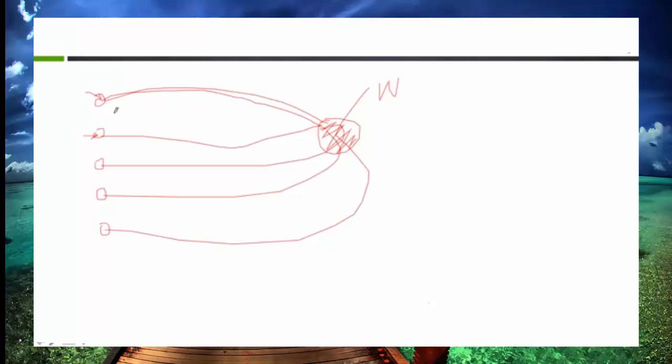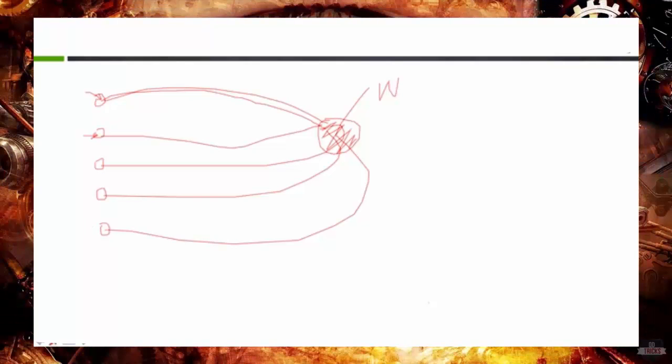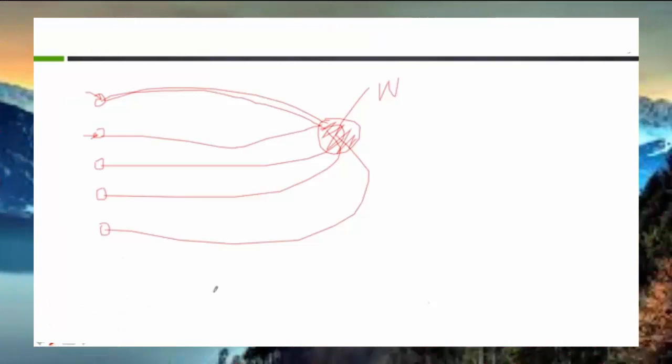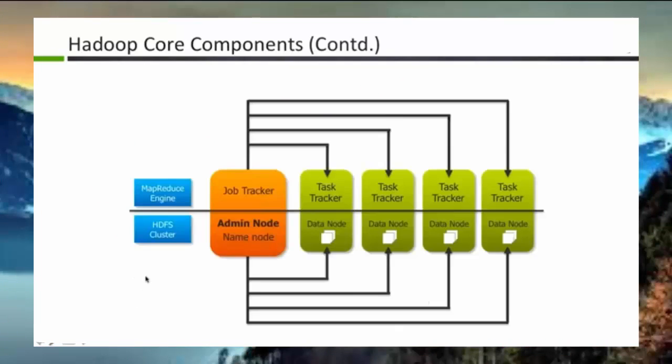So what could be the alternate solution? The alternate solution could be that on these booths, you send your processing to these booths.